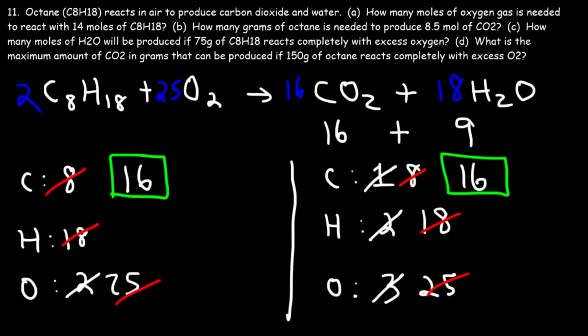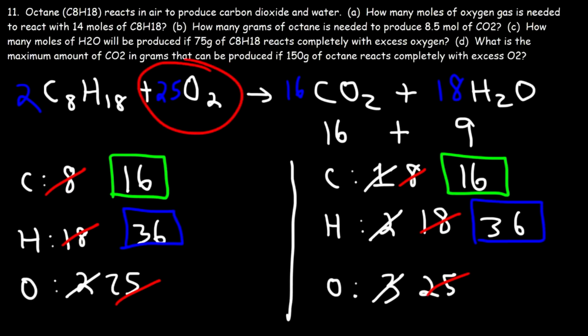Now let's consider the number of hydrogen atoms. Here it's 2 times 18, which is 36. And here's the same thing, 18 times 2, that's also 36. So those atoms are balanced. Now lastly, we have the oxygen atoms. 25 times 2 is 50.